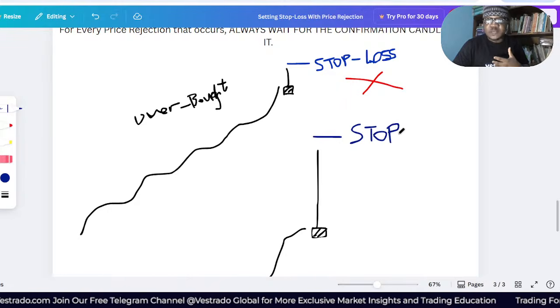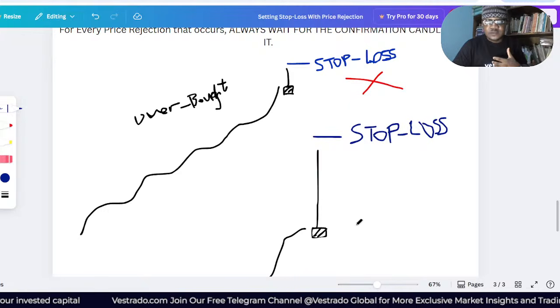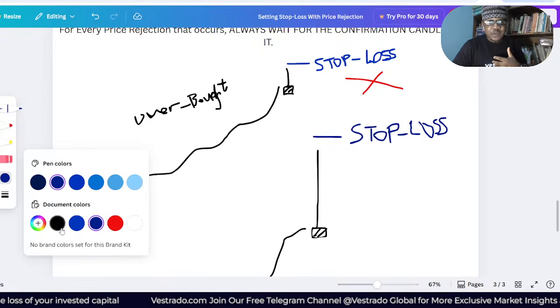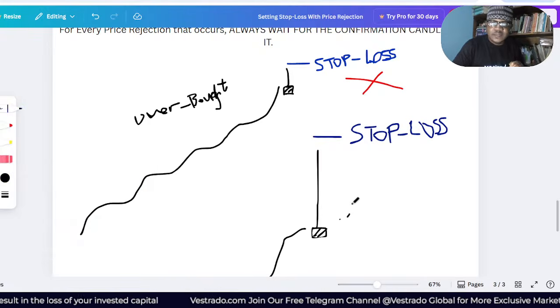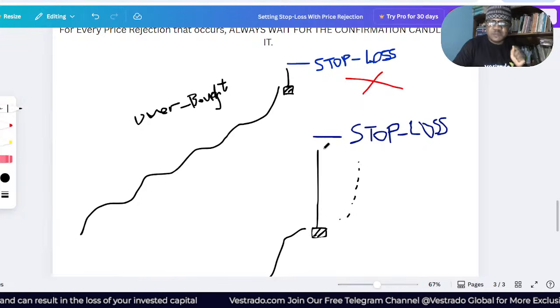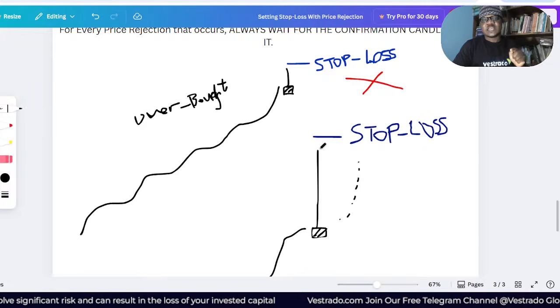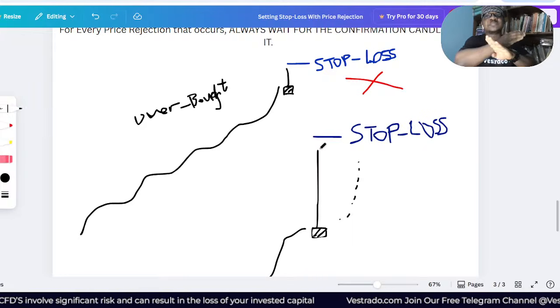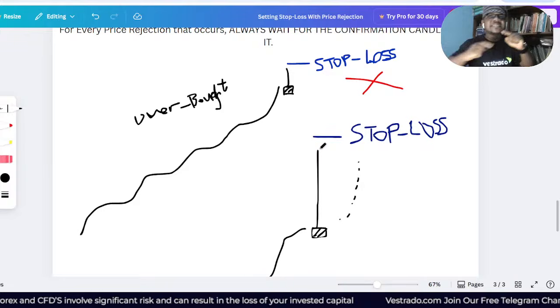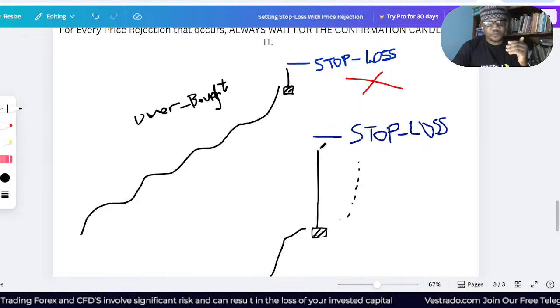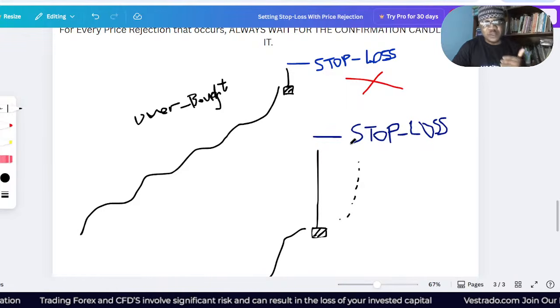Why? Because there's a high probability for it to reverse. If price is able to head back to this particular high, for example, then the probability that it will reverse is markedly reduced. But the probability that price heads back up is usually quite low when you have a very long price rejection.